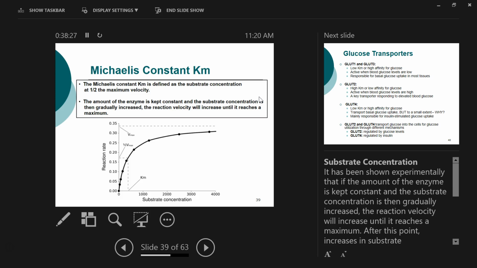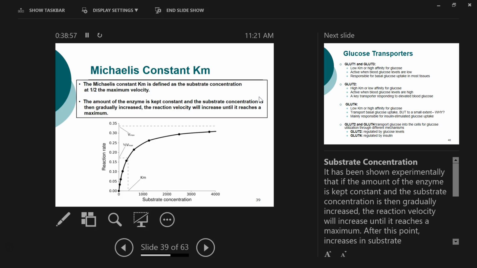We add more substrate, and then we can increase the speed of reaction. And the other important thing is enzyme activity, which means how easily that enzyme will work for the substrate, right?